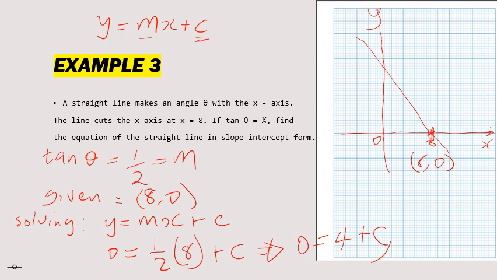So it means that c will be equal to minus 4, because 4 goes to the other side. So our equation will be y is equal to, where there is m we put half x, and where there is c we put minus 4.